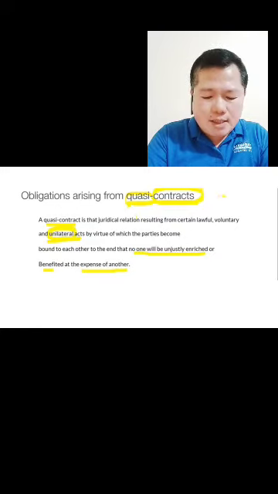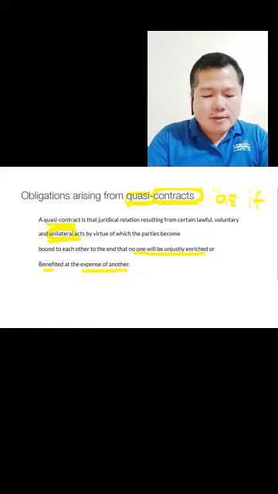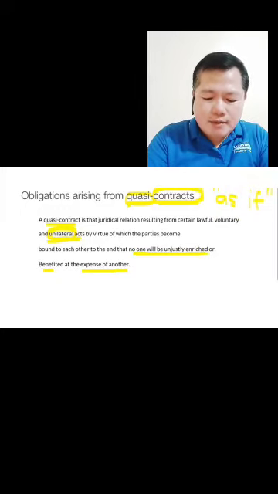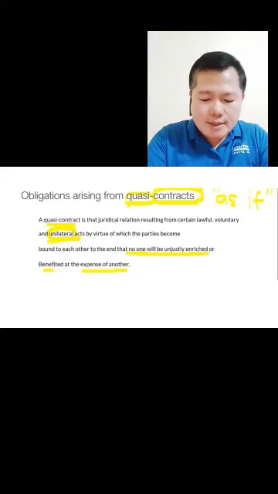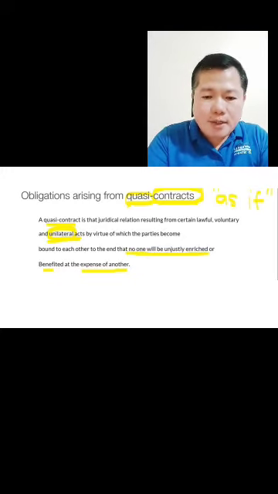If you say quasi, it means as if contract. So there is a word as if. Then we'll also emphasize the term: no one will be unjustly enriched or benefited at the expense of another.